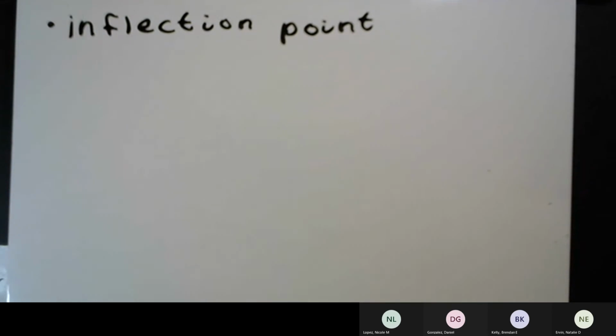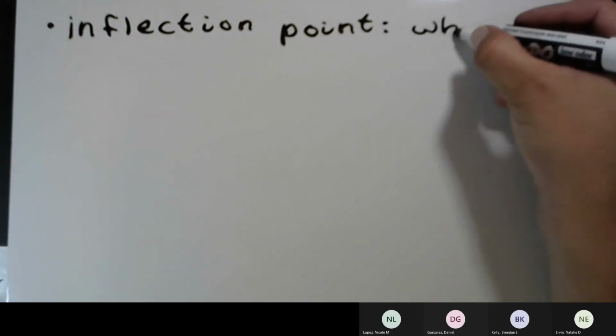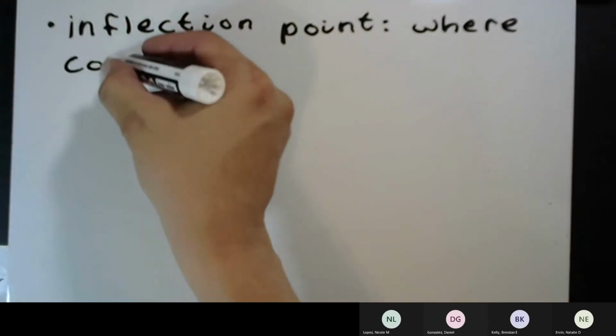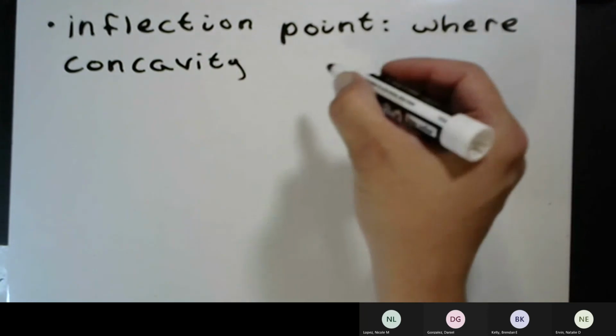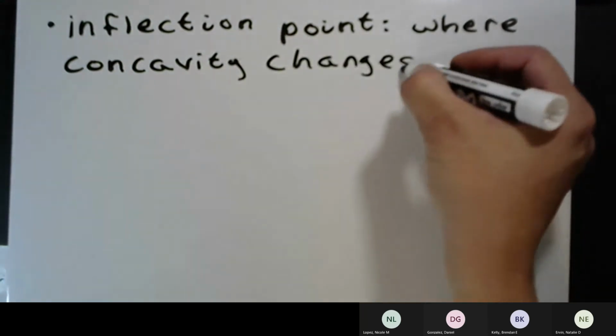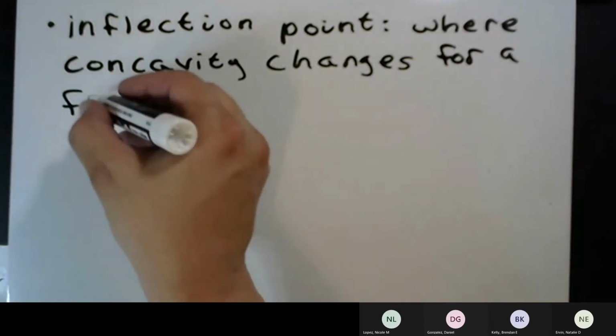And the best way to describe this, it's where the concavity changes for a function.